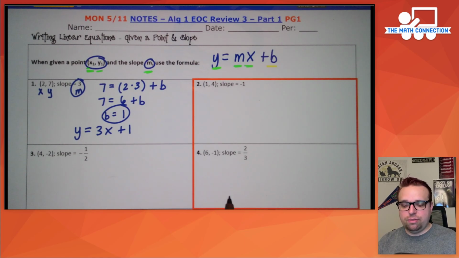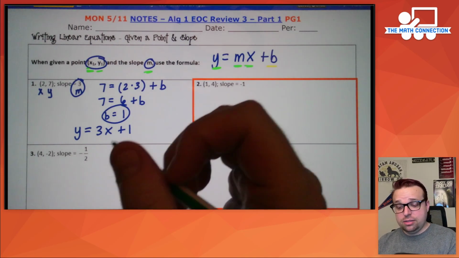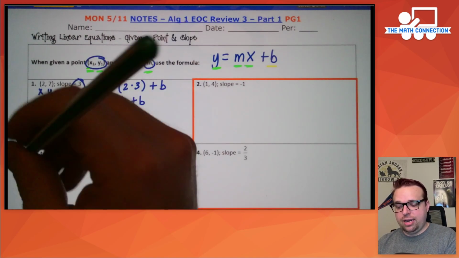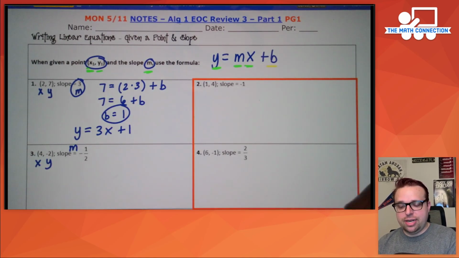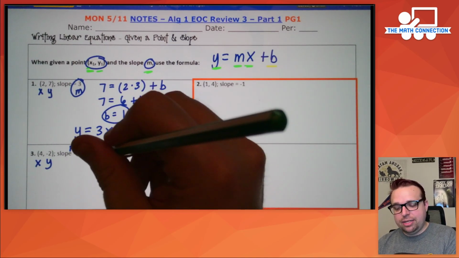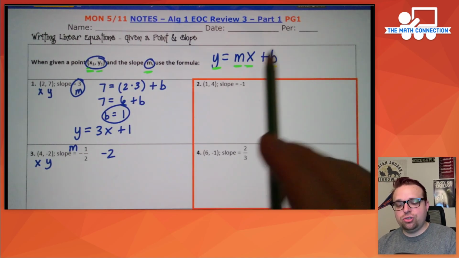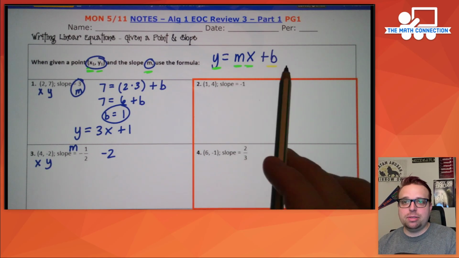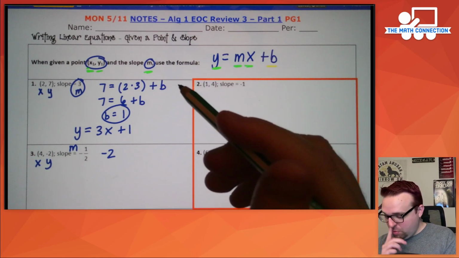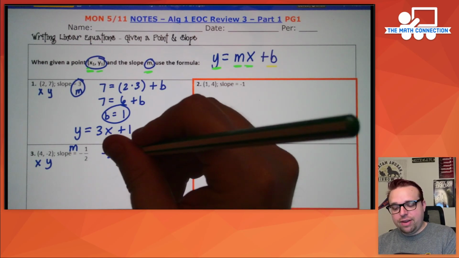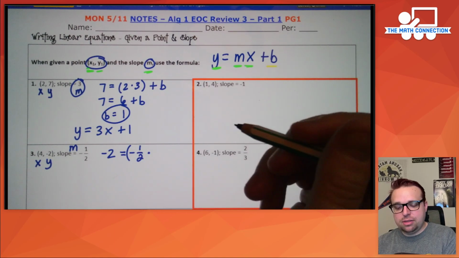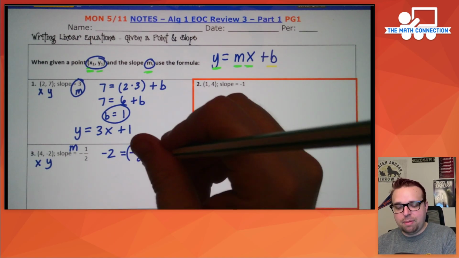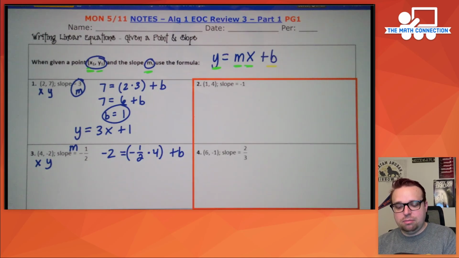You can do 2 and 4. I'm going to do number 3 with you, just as one more example. We have the point (4, -2), that's x and y, and our m is negative 1/2. If we plug this into the formula y equals mx plus b, we have negative 2 equals negative 1/2 times x, which is 4, plus b.